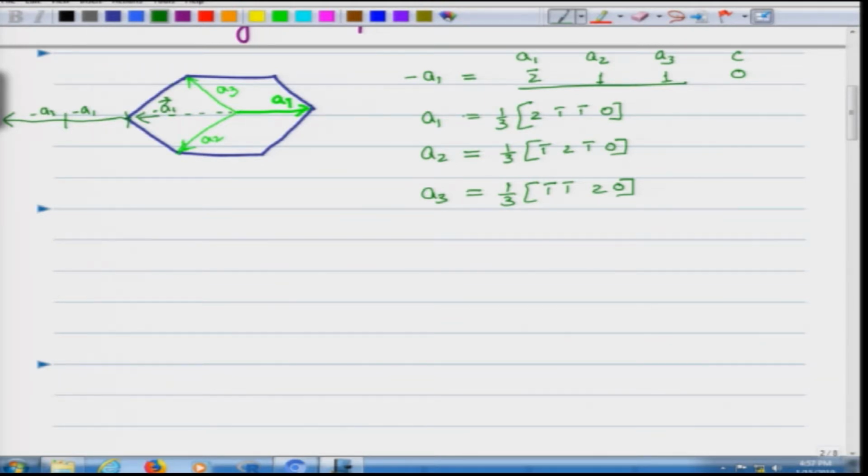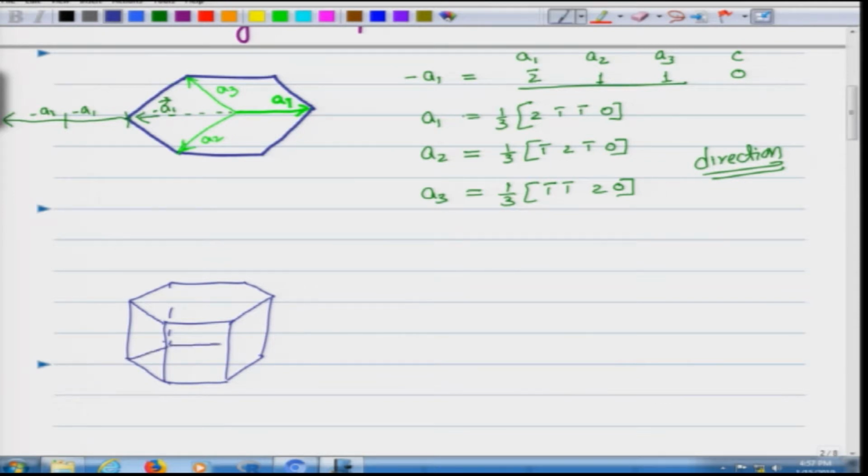Now, okay, so even before I go, so this was the direction. Now let me also describe the plane before we go further. So, what do we do about the planes? Just like in the cubic system, if you are talking about any particular plane, now let us say that there is a particular plane which is over here.